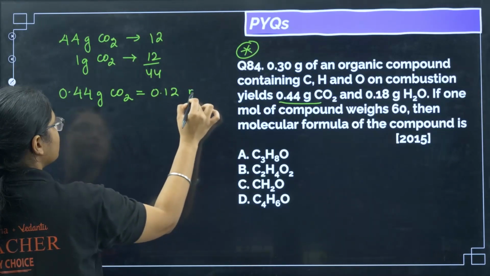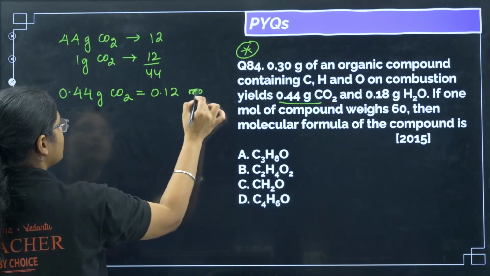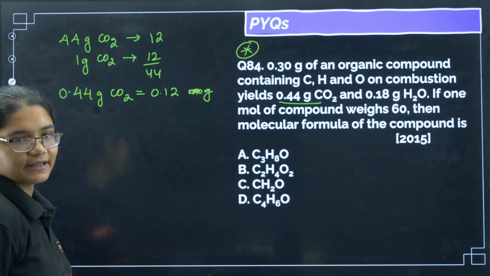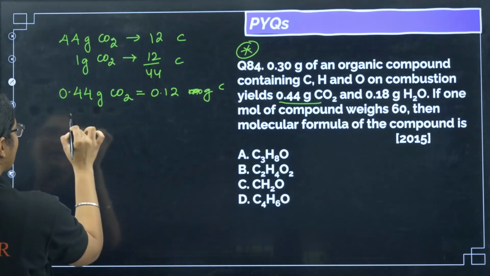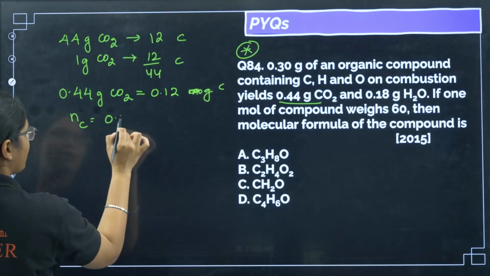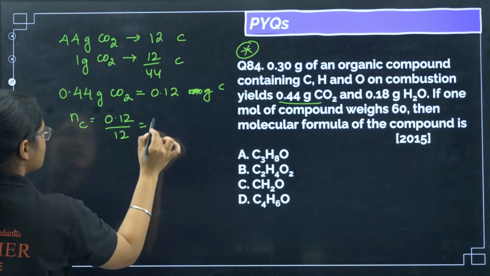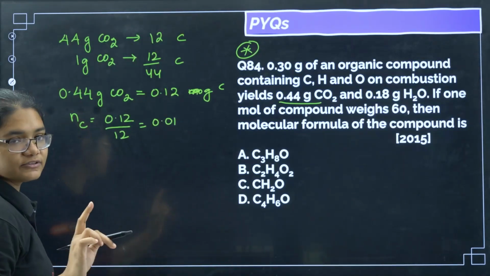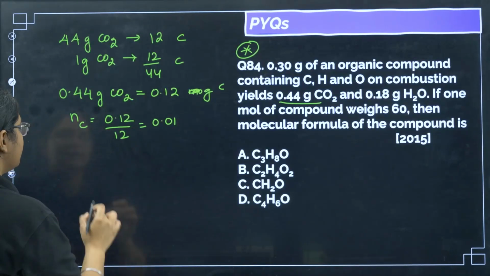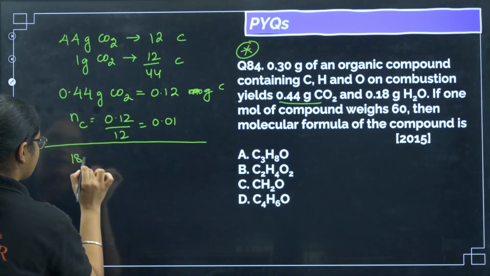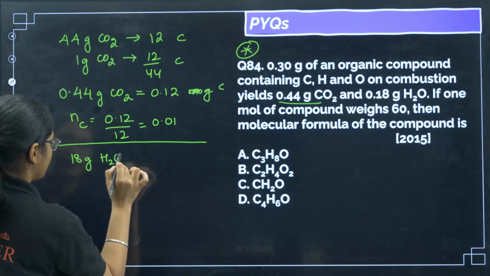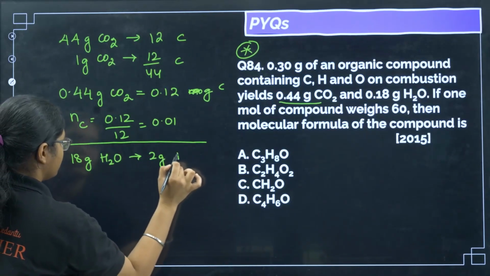So 0.12 grams of carbon is there. Right? Now if I want to calculate the number of moles of carbon, 0.12 by 12, that is 0.01. Number of moles of carbon is 0.01. Next, let me calculate the number of moles of hydrogen. So in 18 gram of water, there is 2 grams of hydrogen.